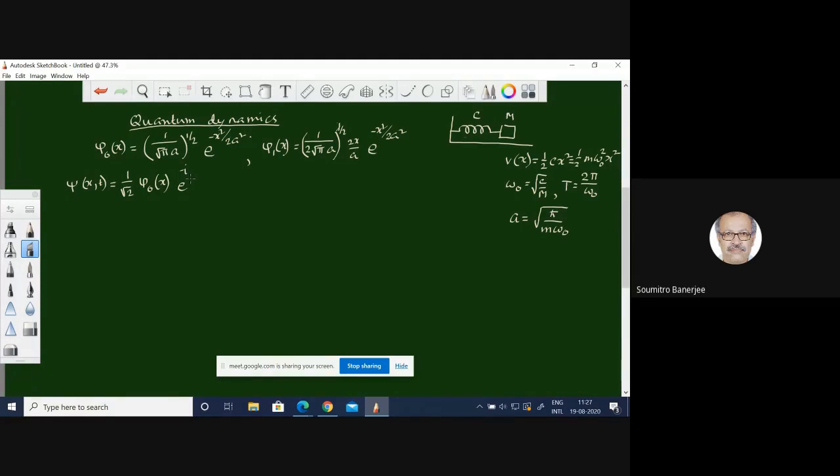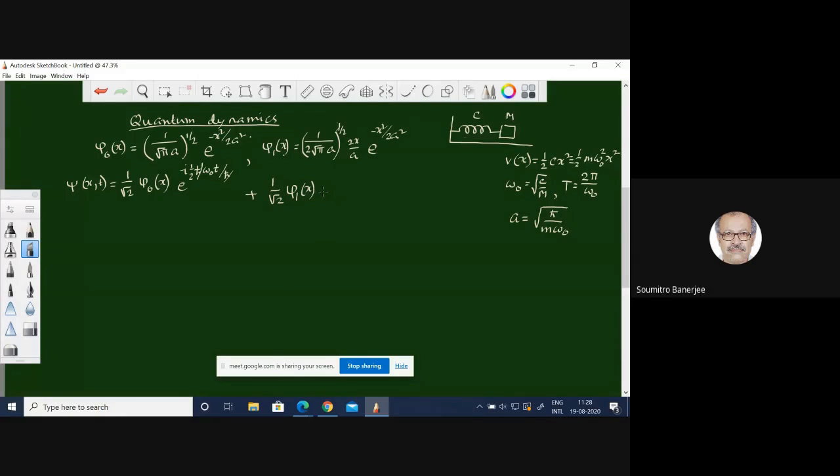Now, the energy of the ground state, which you know to be half ħω0, times t divided by ħ, and these two cancel off, plus again 1 by root 2 ψ1(x).